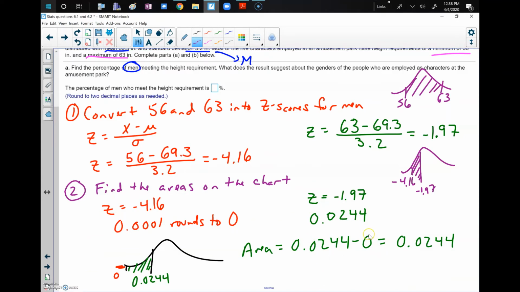To find the difference between the two, the left-hand side is 0, so subtracting 0 won't change it. But if this was a value other than 0, we would need to subtract it. So the overall area is 0.0244. And then again, look at how our answer box is set up. They want the percent, so I would move my decimal place 2 places, so that's 2.44%.